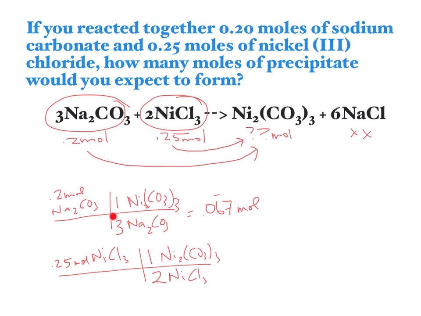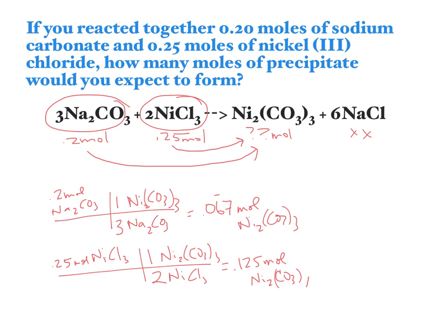This 3 only appears in that problem. It doesn't get melded into this thing. Same thing, this 2 only appears in that step. It's the only time that you use that. So, math this out. How many moles of this am I going to get? 0.25 divided by 2 is 0.125 moles. Both of these are moles of nickel carbonate.